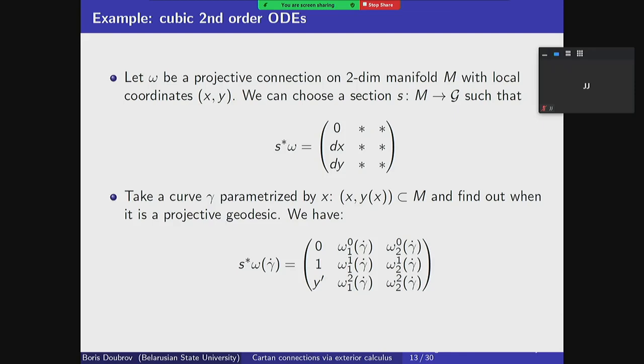As we discussed before, we can always choose a section so that the form of our Cartan connection pulled back to our two-dimensional manifold looks like this. I denote x and y as the local coordinates on the plane. So that's the first thing to do.